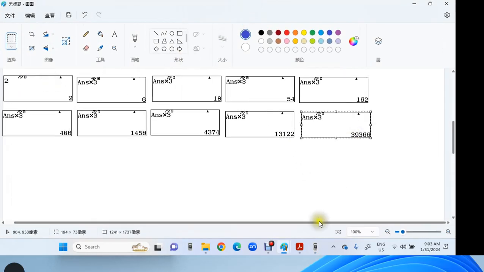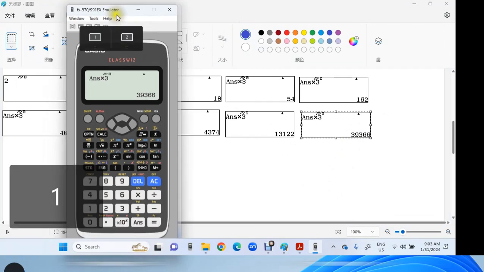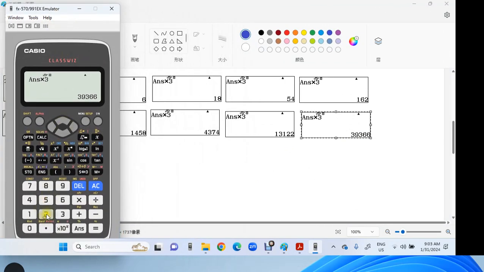So S10 is the sum of the 10 terms. We have 2 plus 6 plus 18 plus 54 plus 162 plus 486 plus 1458 plus 4374 plus 13122 plus 39366.